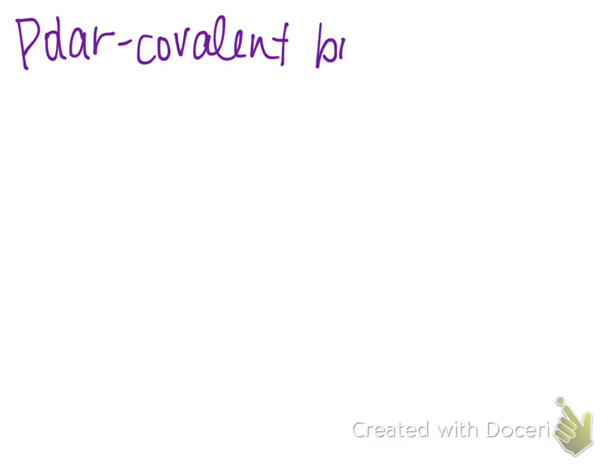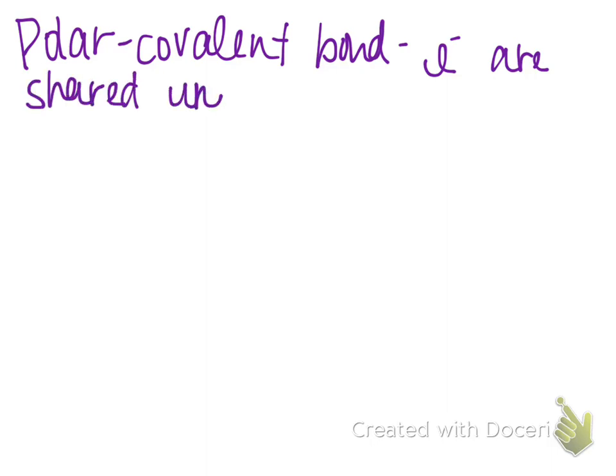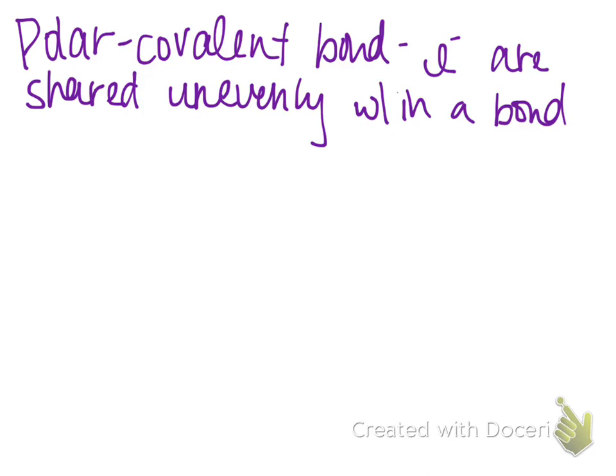When electrons are shared unevenly, there's a certain name for that, and this is called a polar covalent bond. This is when electrons are shared unevenly within a bond.